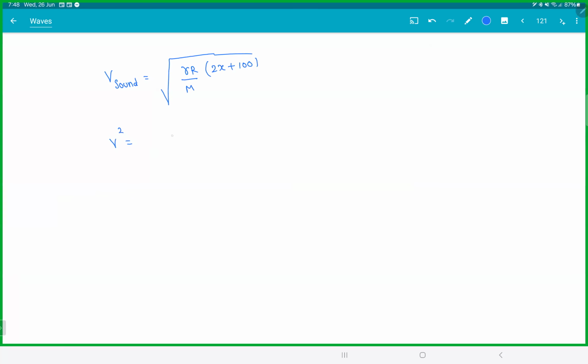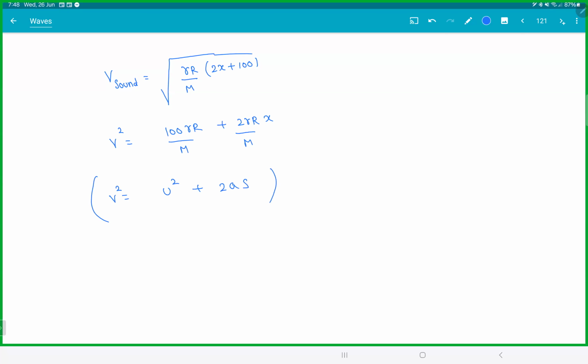You'll get v square is 2 gamma r by m x plus 100 gamma r by m. So if I just rearrange this, can you notice something? This looks like v square is u square plus 2as. This is a constant acceleration.